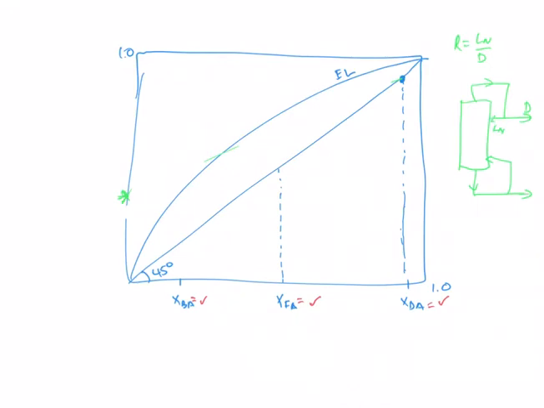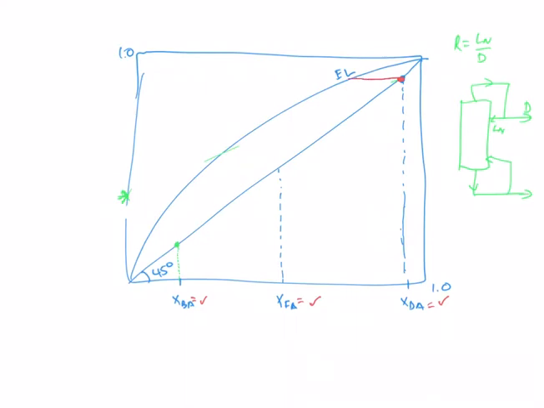For total reflux, the number of stages you can find from XDA. You begin from XDA and draw a vertical line until it reaches the 45-degree line, and then you draw the line from XBA until it reaches the 45-degree line. Your job is to draw the stages starting from XDA.